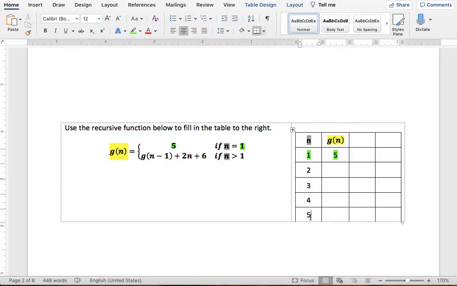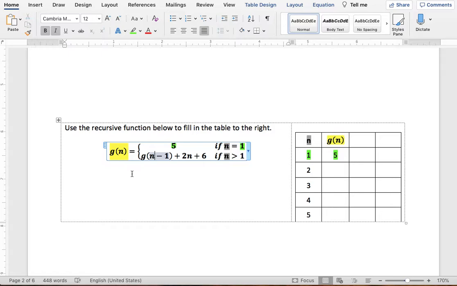All right, so let's do this. In order, let me copy, for every n value after our first one, we're using this equation right here.